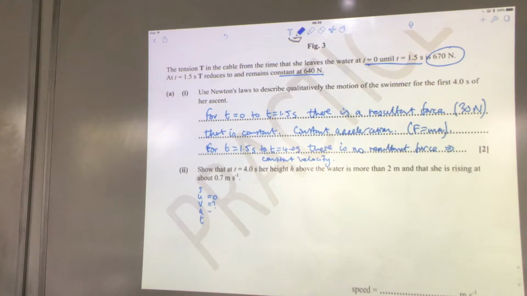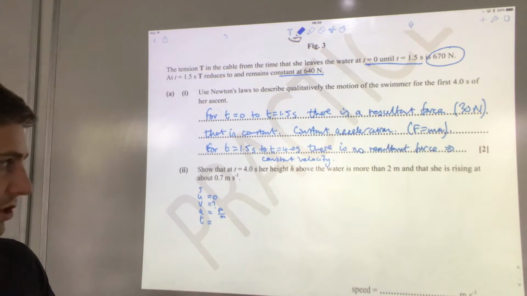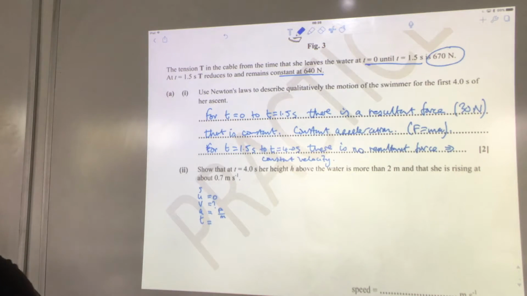The acceleration, we need to work out from F over m. And the t is 1.5 seconds, she's accelerating for 1.5 seconds.